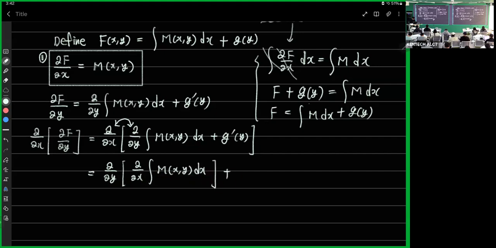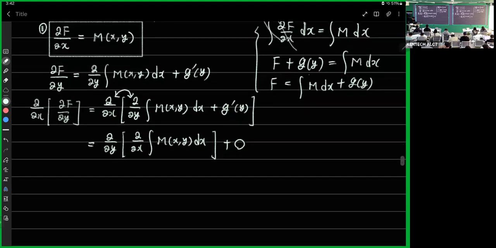And then plus, what's the partial derivative of g prime with respect to x? 0, right? Because this is a function of y alone. Taking the derivative with respect to x, 0. And now, what is this? This is the derivative with respect to x, and this is the integral with respect to x. Cancel them out. So we got M(x,y).